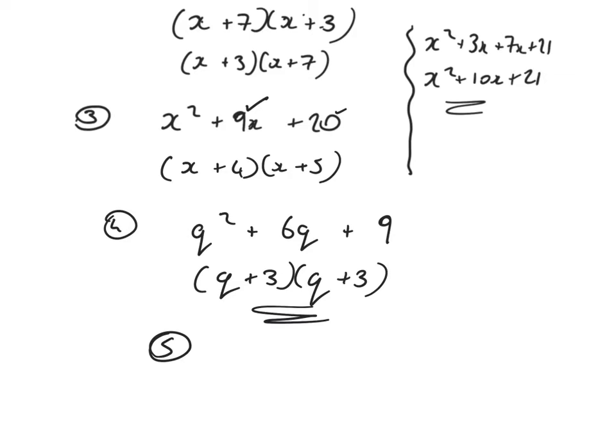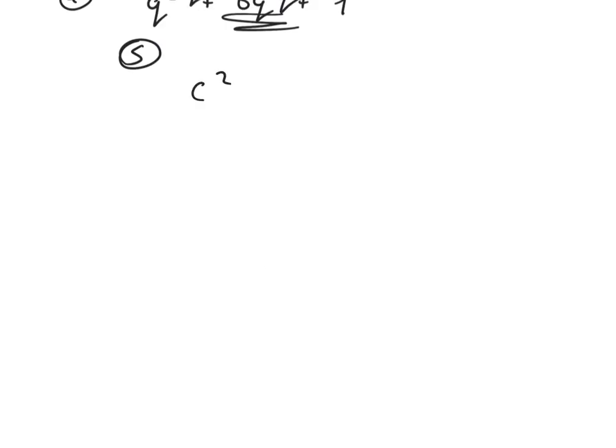Example 5. Okay, c squared plus 11c plus 30. Okay, two numbers that multiply to give 30, add together to give 11. Take your time, that's 5 and 6. (c plus 5)(c plus 6).